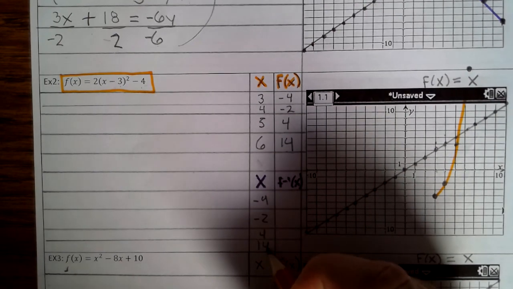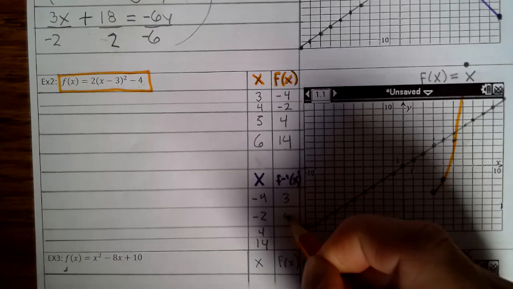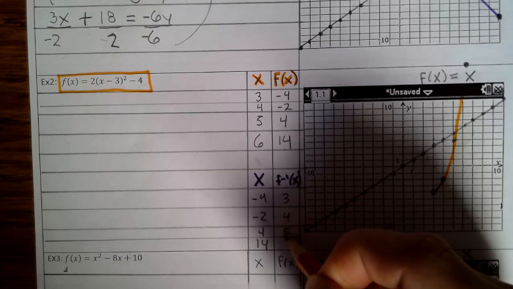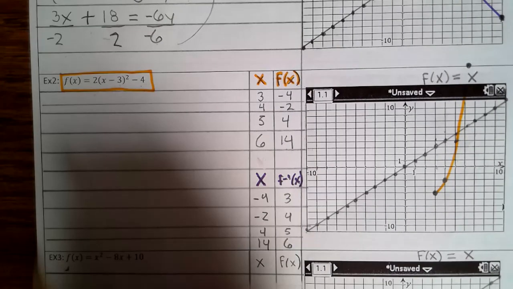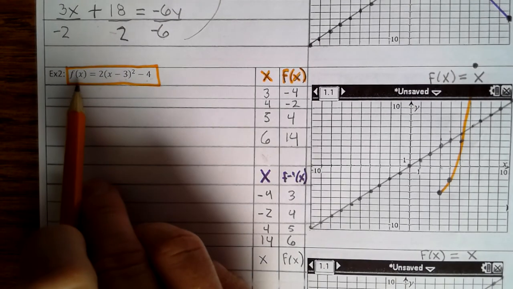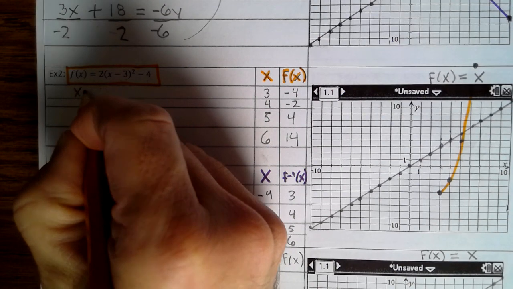Now, before we graph those points, let's go ahead and find the inverse of this algebraically. Okay, so now we know that we change f of x to y and switch x and y. So x equals 2 times y minus 3 squared minus 4.